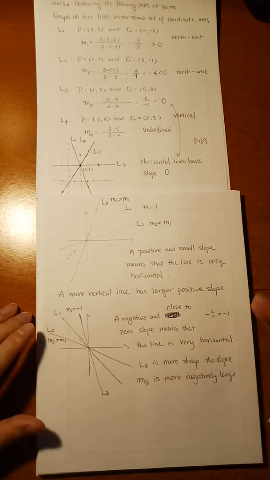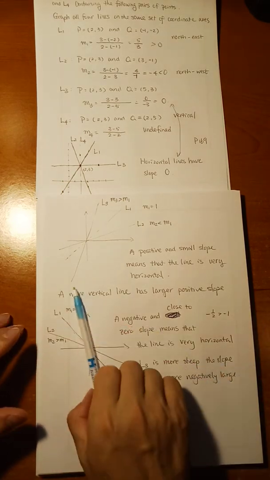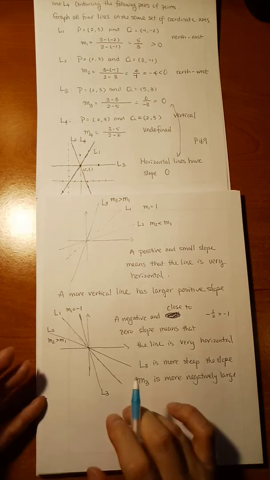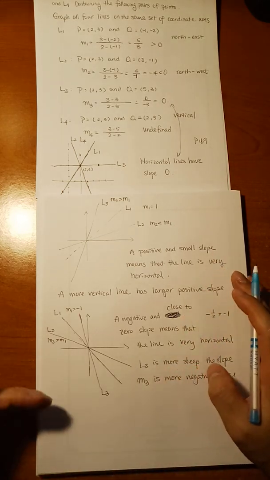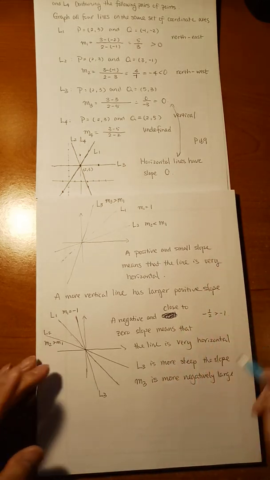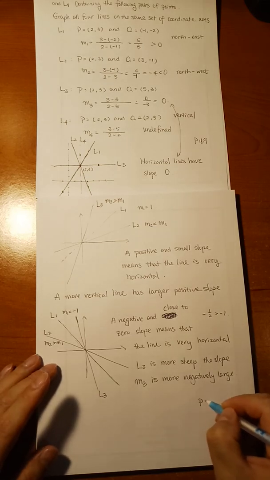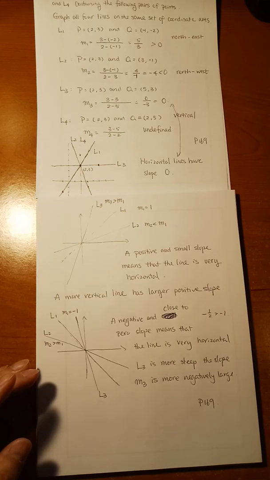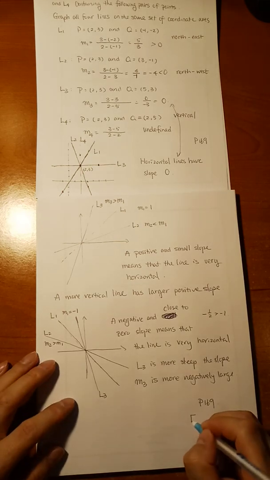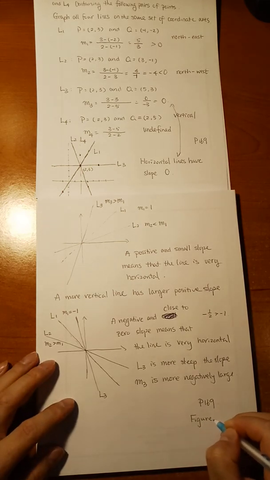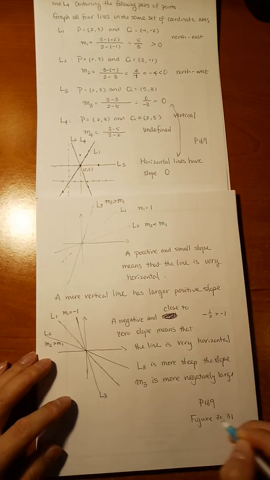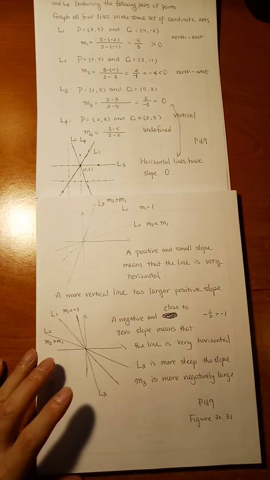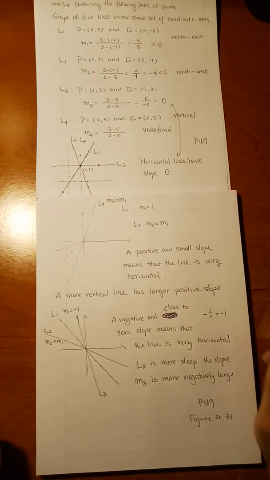More steep, more negatively large. Okay, these two discussions are also on page 169. They are figures 30 and 31. They are trying to give you the comparison between the slopes.